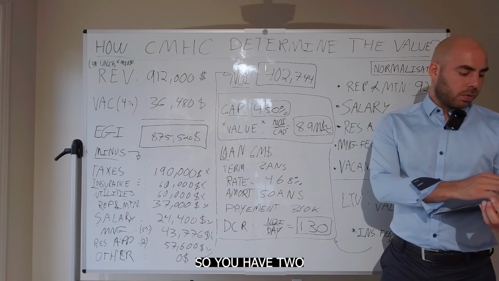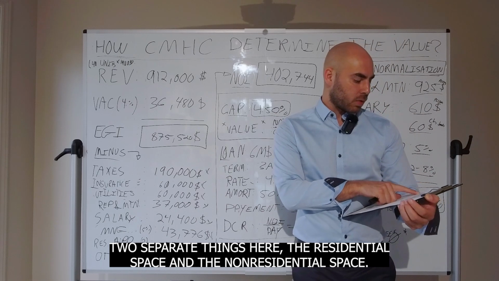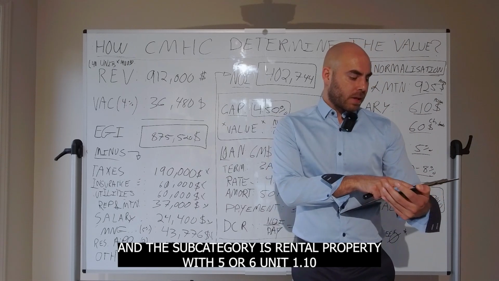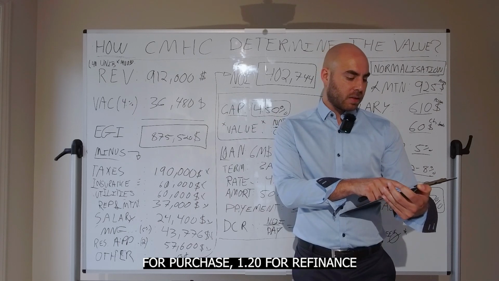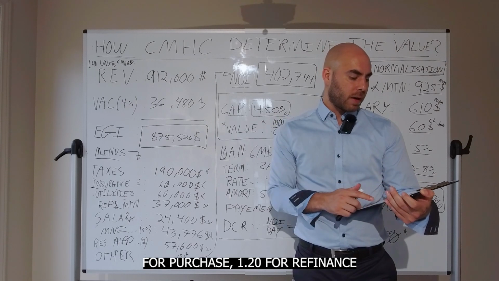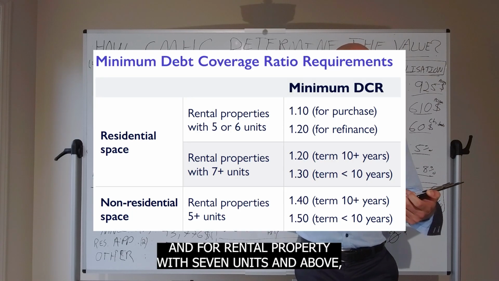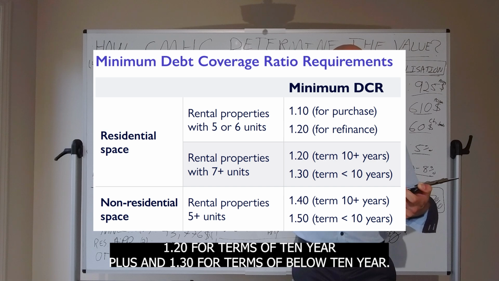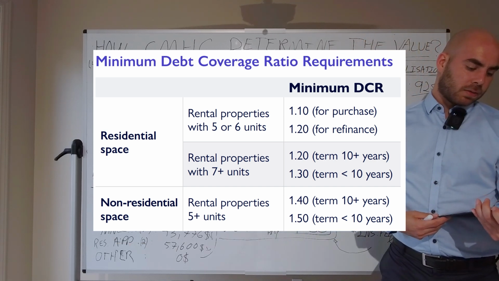You have two separate things here, the residential space and the non-residential space. And the subcategory is rental property with 5 or 6 units, 1.10 for purchase, 1.20 for refinance. And for rental property with 7 units and above, 1.20 for terms of 10 years plus and 1.30 for terms of below 10 years, okay?